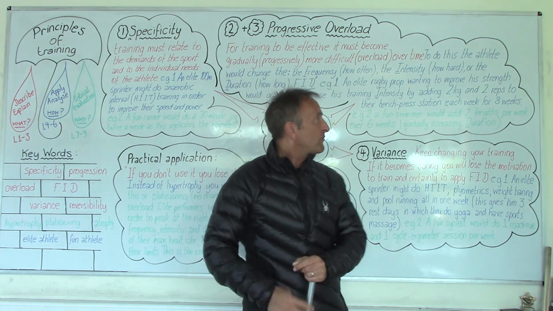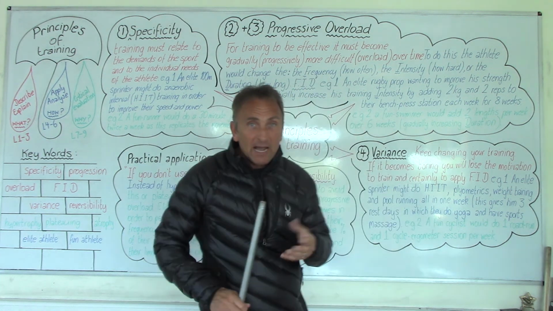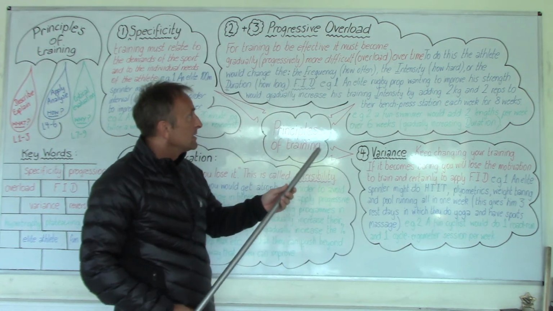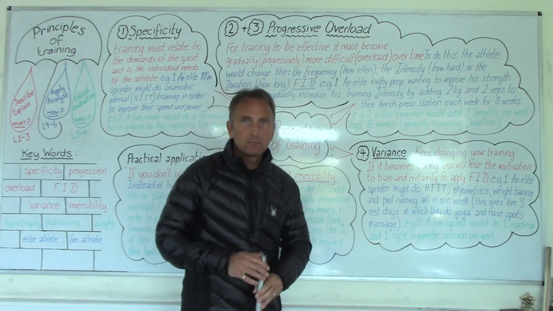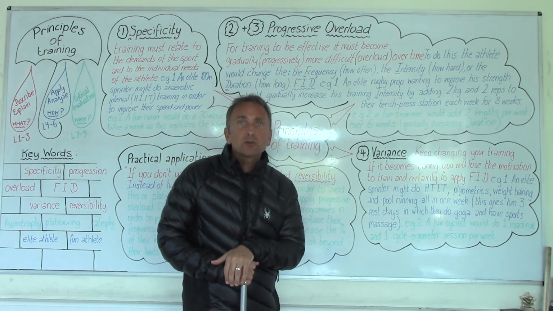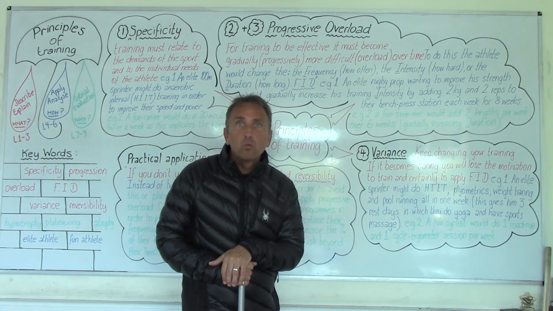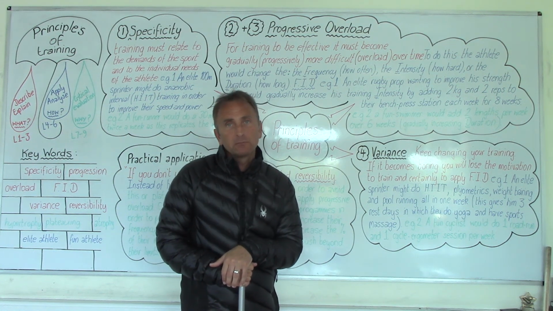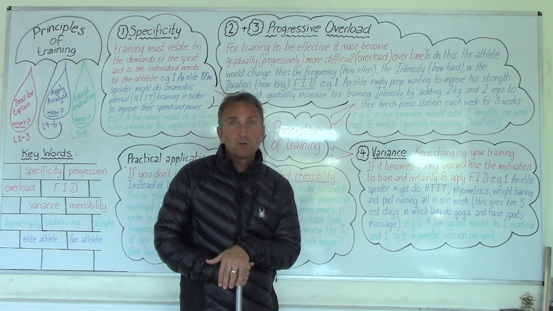Okay? Beautiful. So for my ordinary athlete, my fun athlete, I've just put a fun swimmer. In order for a fun swimmer to increase the intensity, do 1 more length per session. Simple as that.